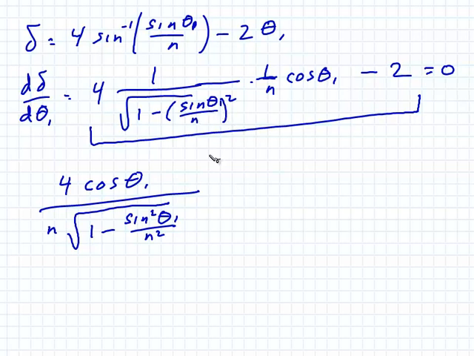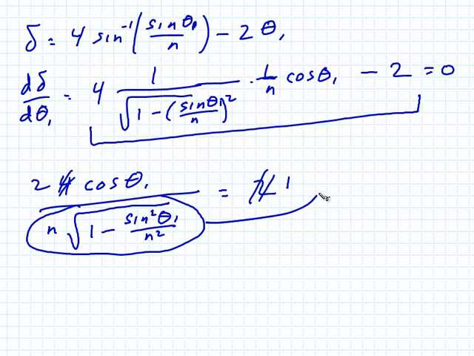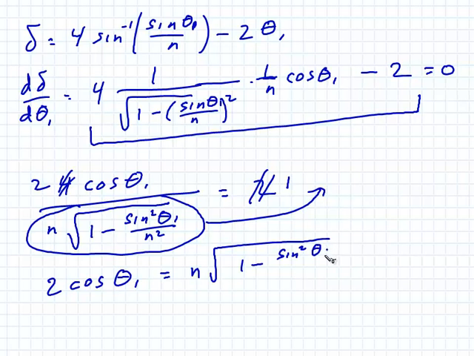Taking care of that, minus 2 equals 0, or bring the 2 to the other side. This is simply equal to 2. Let's divide both sides by 2, and this becomes a 1. Let's take this denominator now and multiply it up to the other side. And so we have 2 cosine theta 1 is equal to n times the square root of 1 minus the sine squared theta 1 over n squared.